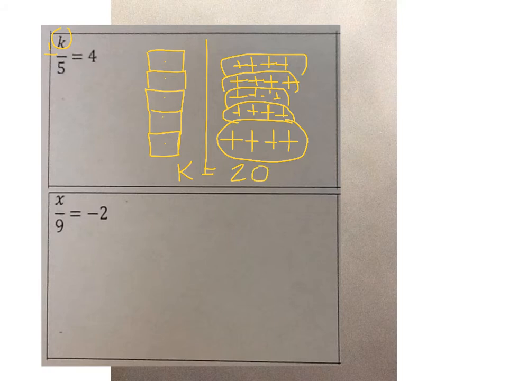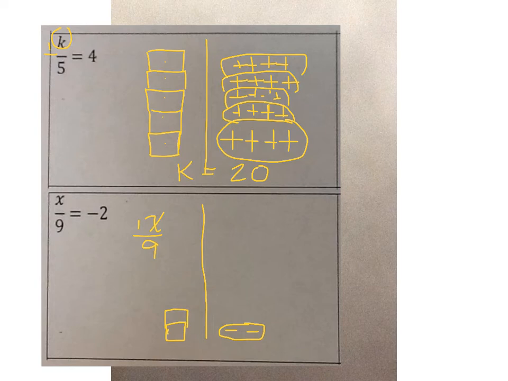Now let's look at x divided by 9. That really means that I have 1/9 of x. I have an x tile that's divided into 9 pieces. So let us draw. Let's start with the 1/9 equals -2, so 2 negatives. And I need 9 of them to make 1 whole x.